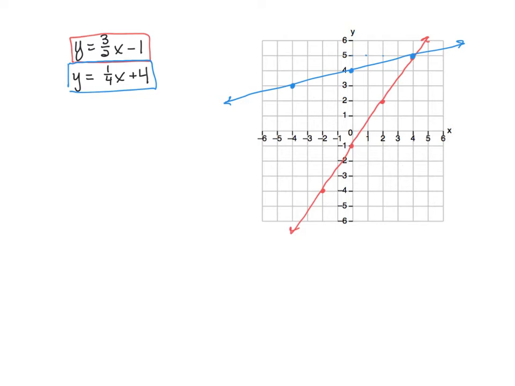Now, if each point along the line represents a solution, and I'm trying to figure out what the solution is to both lines at the same time, where do you suppose that I find their solution?